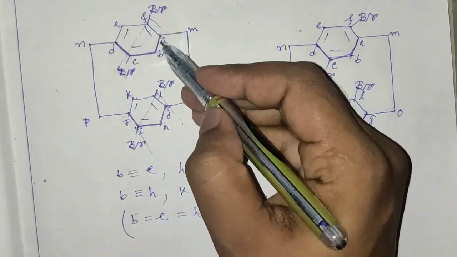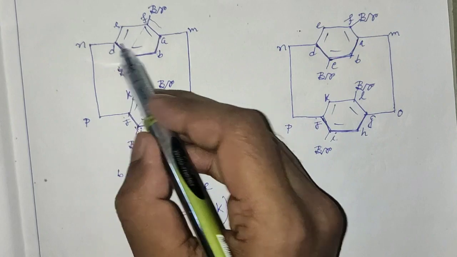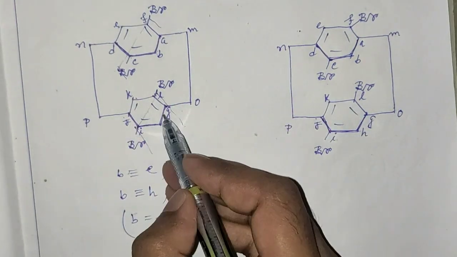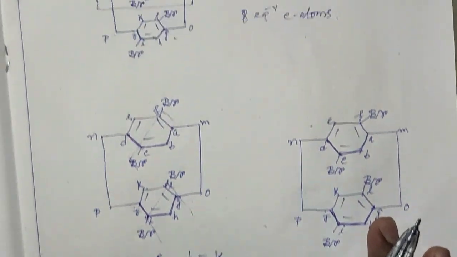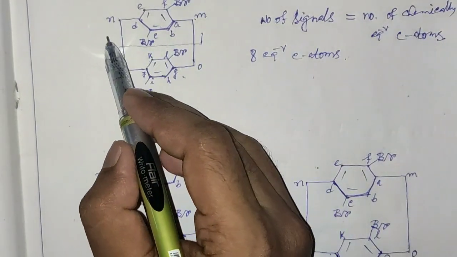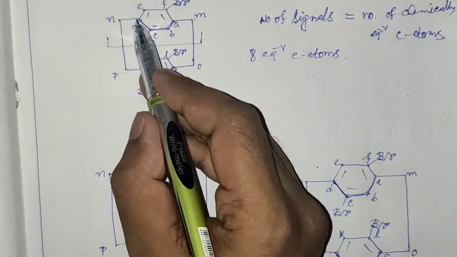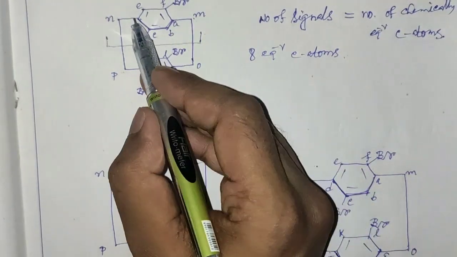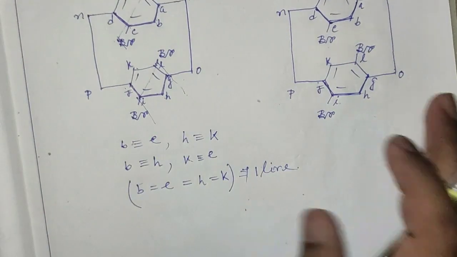Similarly, for this sigma plane, this D carbon will be equivalent to A and this J carbon will be equivalent to G, and comparing with the other sigma plane, since J is equivalent to D and G is equivalent to A, we can say that these 4 carbon atoms are equivalent.